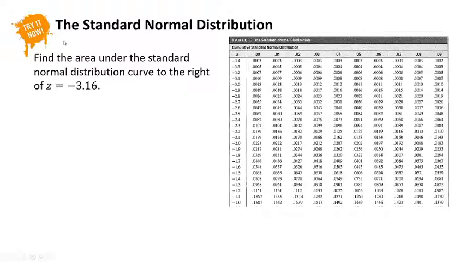All right, so do this one here. It's the same idea. Find the area under the standard normal distribution curve to the right of z equals negative 3.16. Take some time for that.